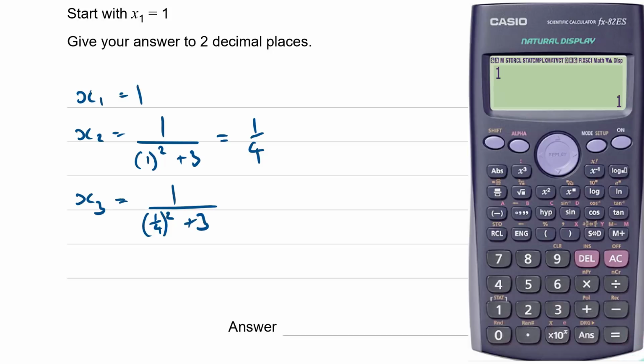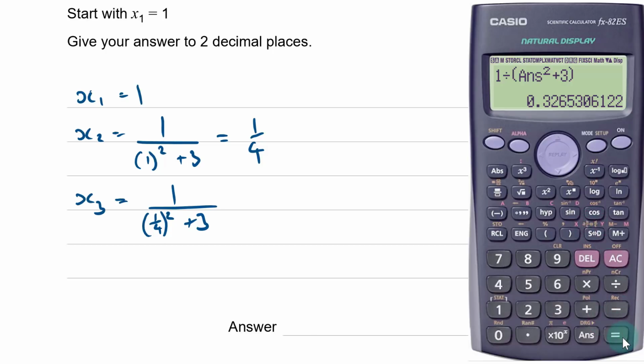And then my next calculation is going to be 1 divided by my answer key, which will currently be 1, squared, plus 3. And then if I press equals, it should give me my quarter like it did last time when I worked it out. So all I need to do now is press equals again, and it will feed my 0.25 back in the equation and give me the next answer, which is 0.32.